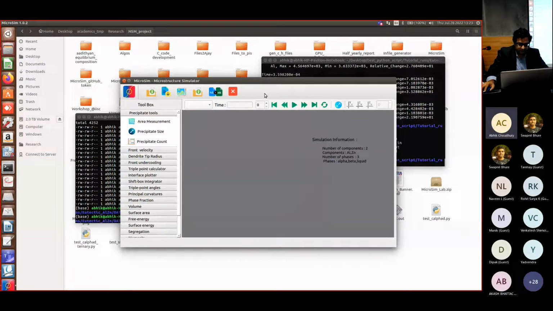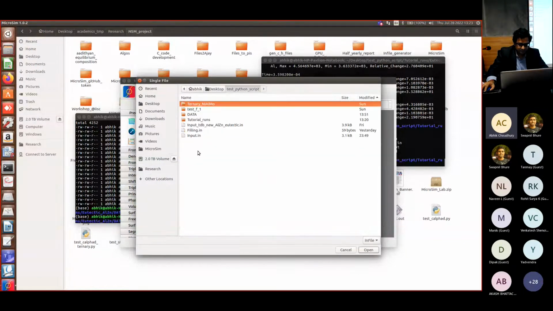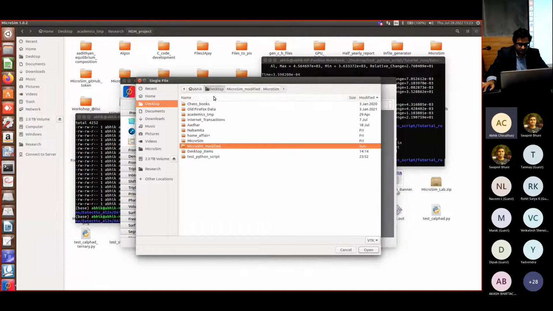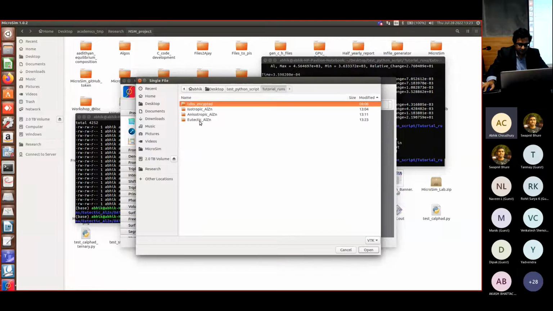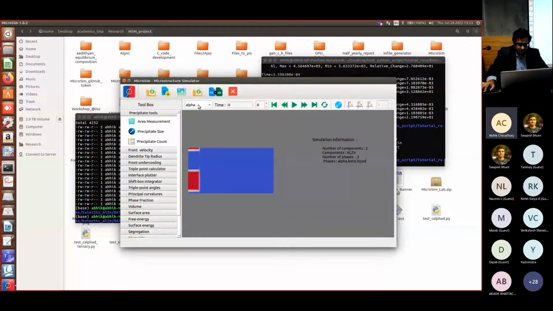So it's converted. Now we go back, import in file. Okay, import VTK.